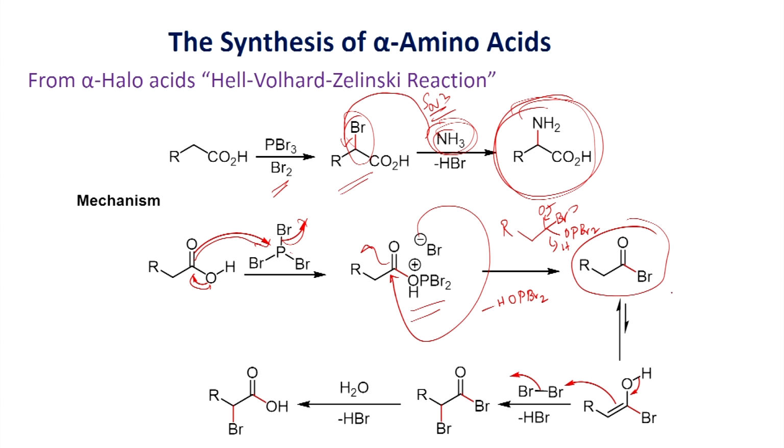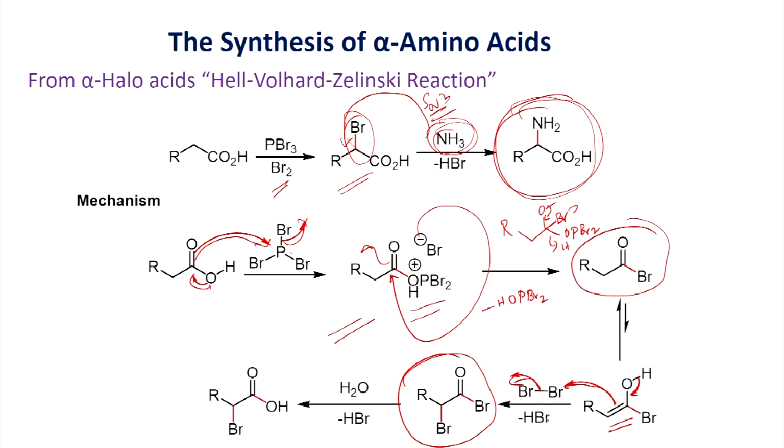Now this can exist in the form of enol. Once you have the enol, it can readily react further with bromine as shown here. Then you will be able to form this alpha bromo acyl bromide.